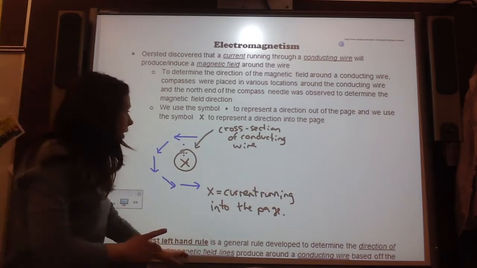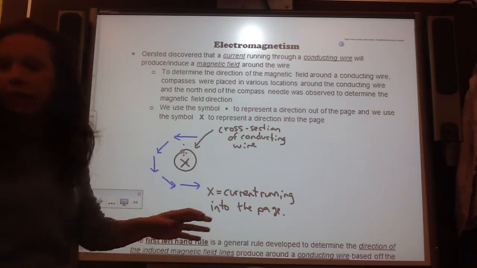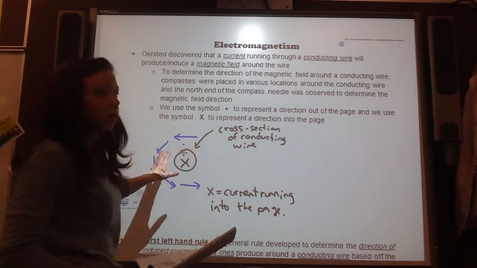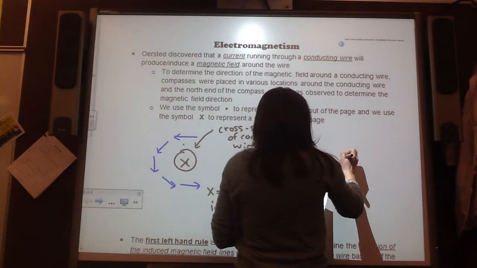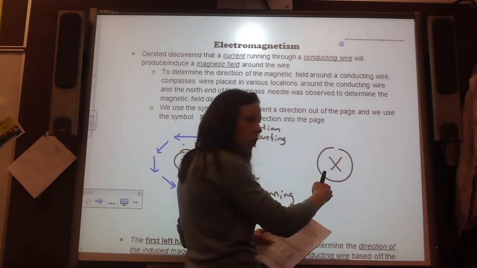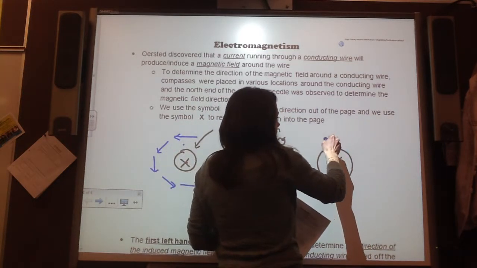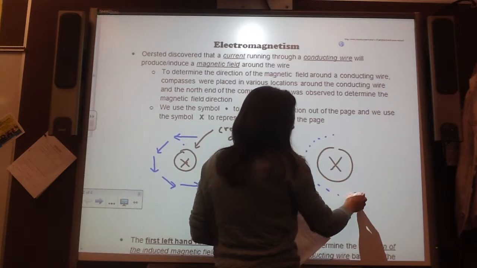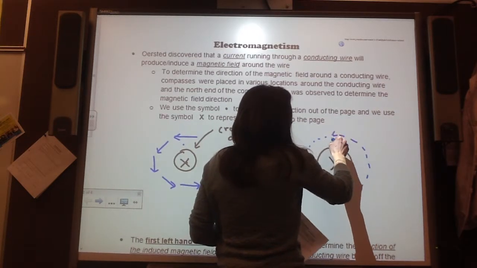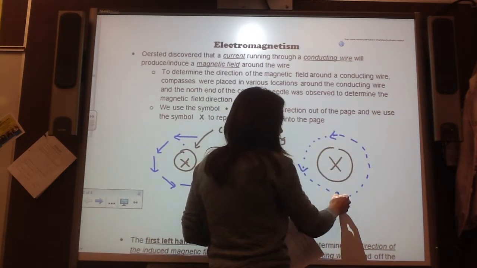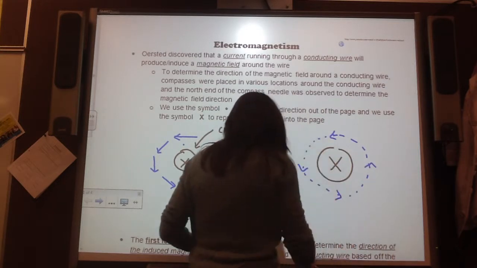If we were to sketch this, there's our wire. And we would draw the magnetic field like a circle around, and in this case, it's going in this direction.